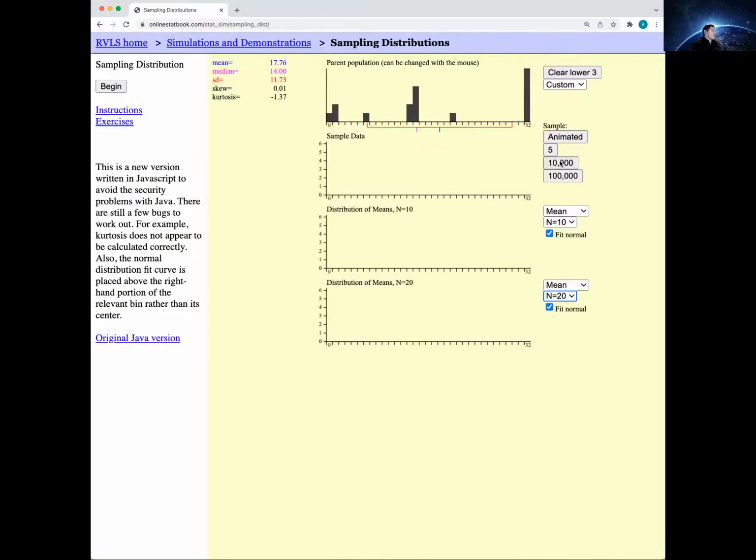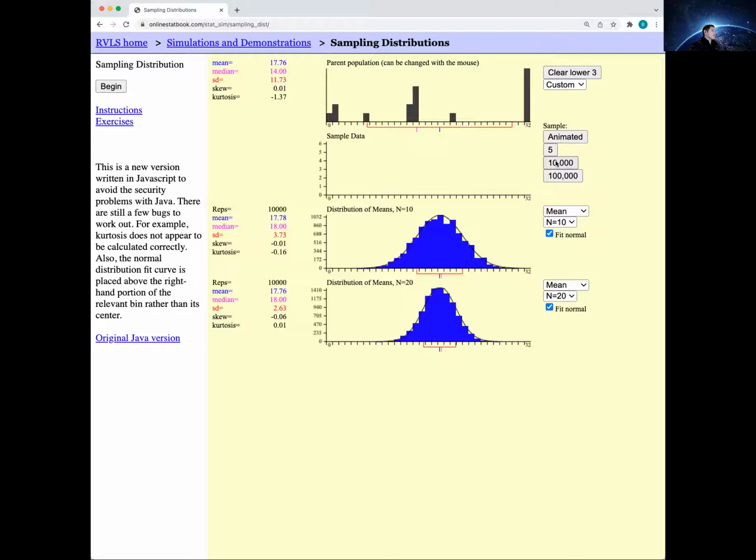And we're going to calculate 10,000. Another 10,000. I could probably just press 100,000, but I kind of like clicking this.